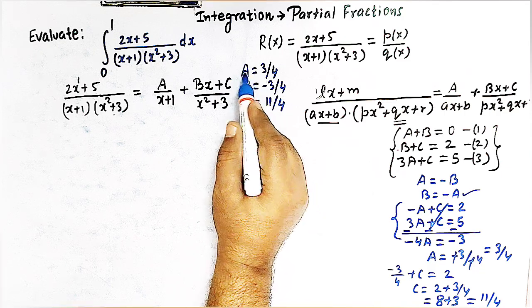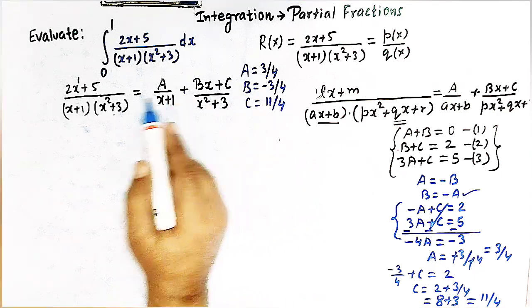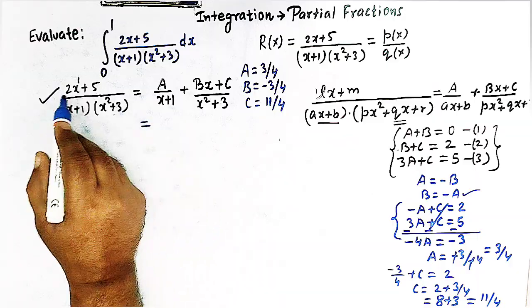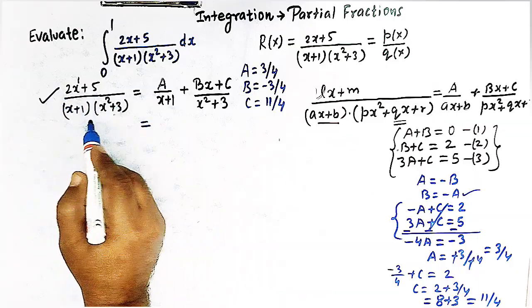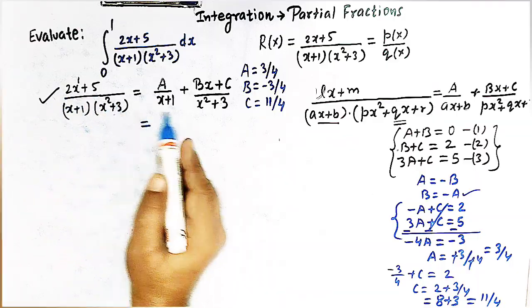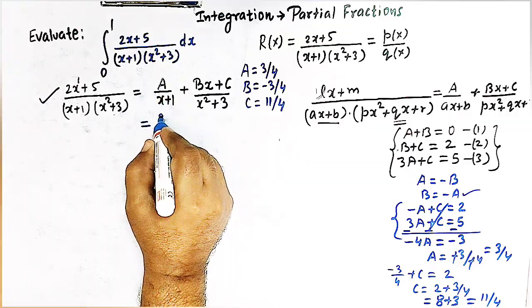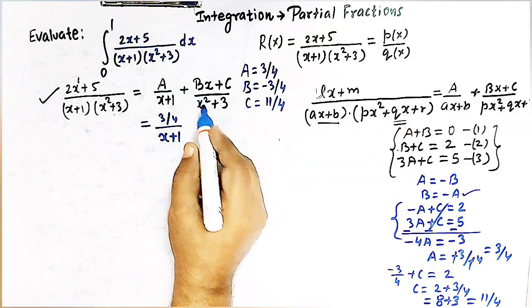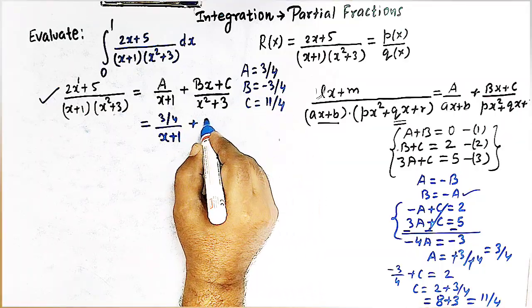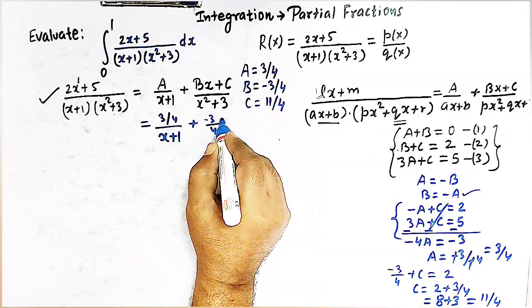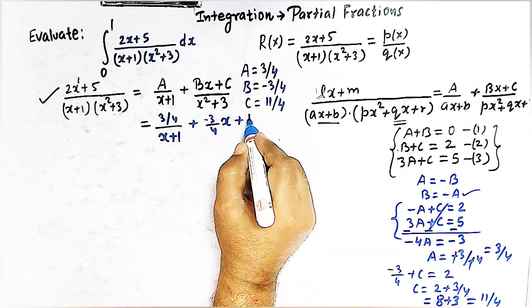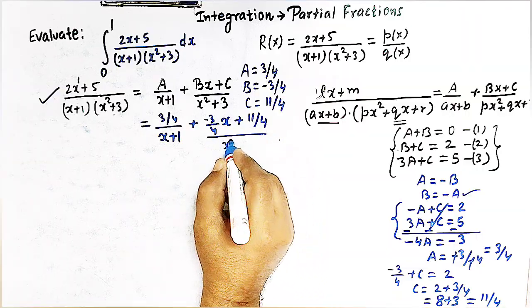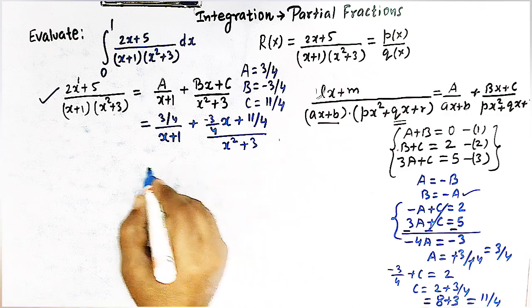So now substituting these values in this equation here, we have (2x plus 5) over (x plus 1)(x square plus 3) equal to 3 over 4 divided by x plus 1. And here we have b, minus 3 over 4 x, and then we have 11 over 4, and here we have x square plus 3, right?